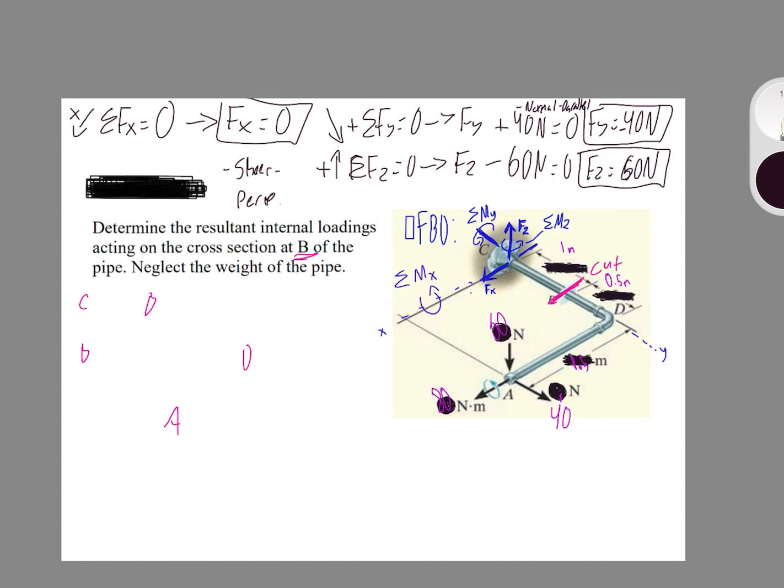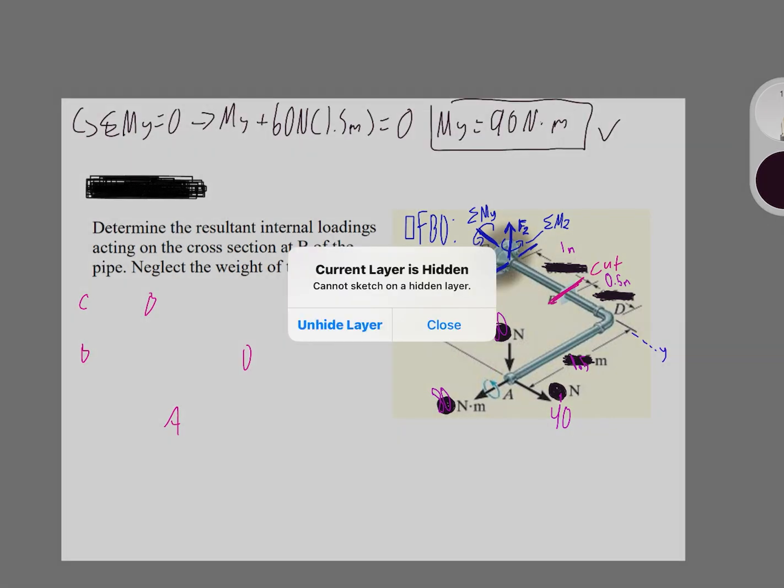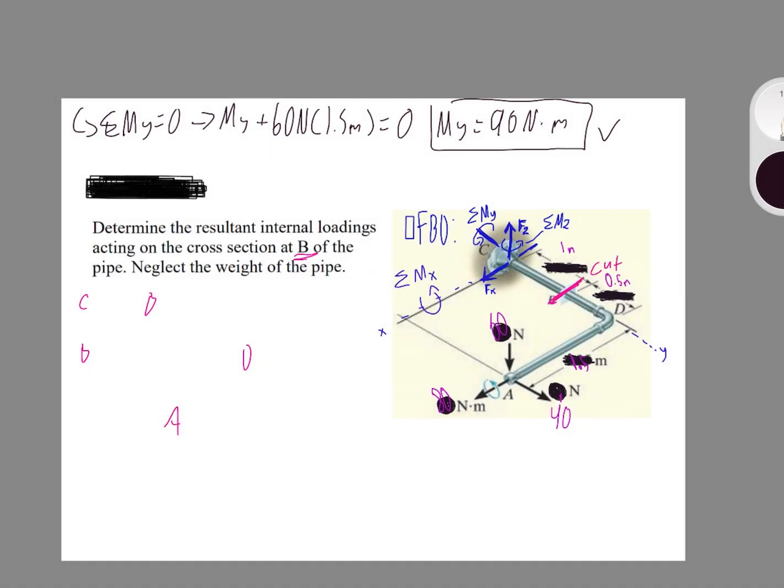And for force Z, that is our shear force, perpendicular as well. For My, this right here is actually our torsional moment.